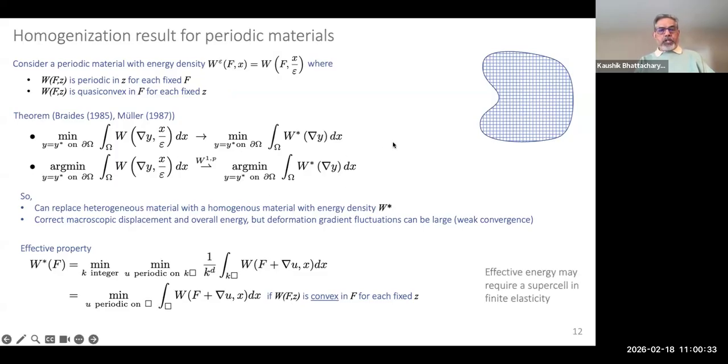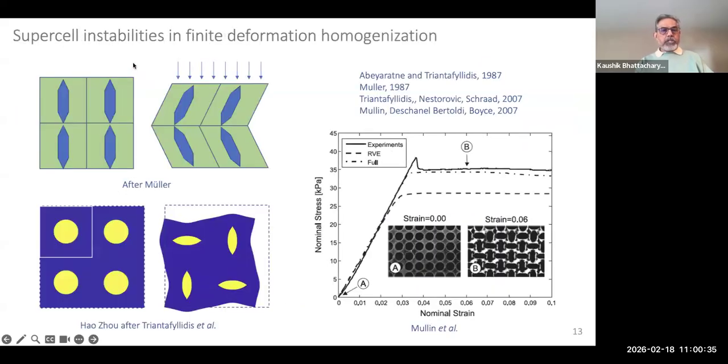So what happens is the following. Suppose I have a microstructure which looks something like this, and suppose I try to compress this microstructure. Now, if I take a unit cell, which is just the single one, I will get an effective property.